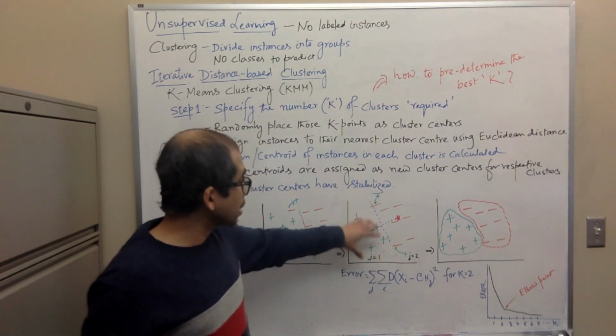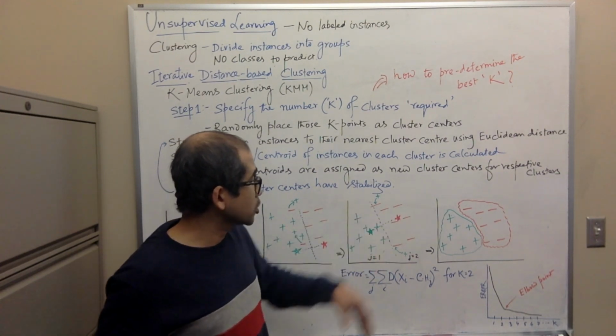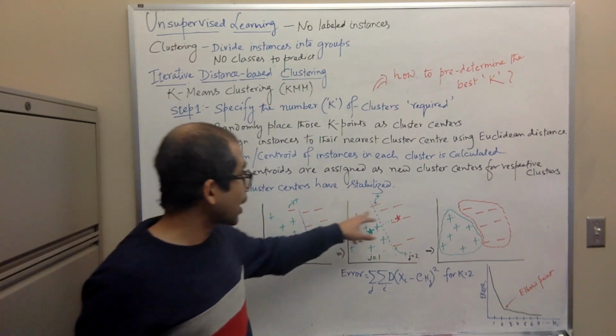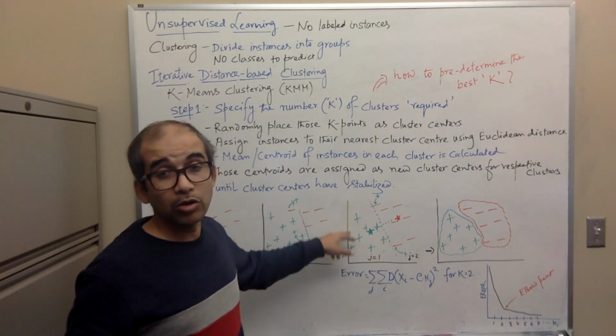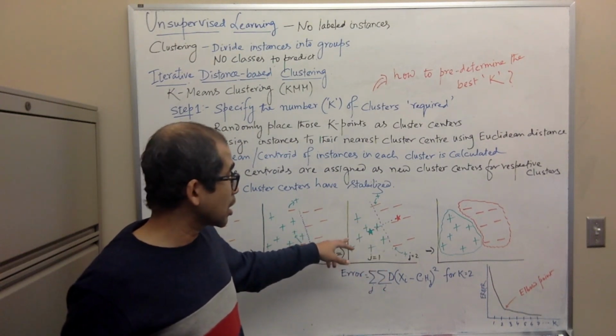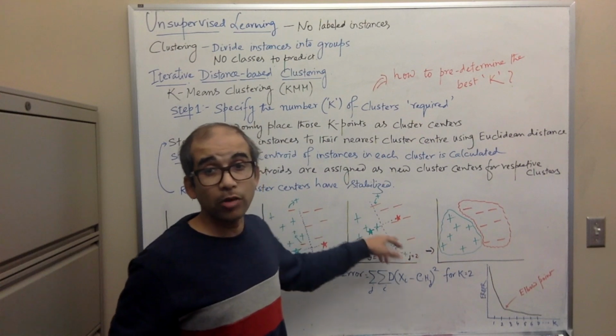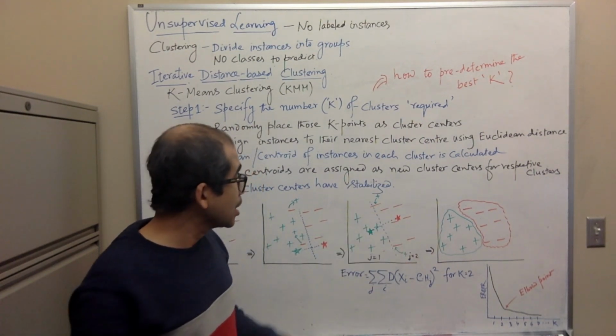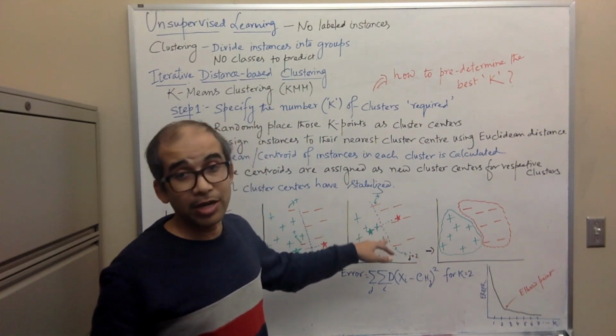Okay, so now you see there are two clusters, cluster 1 and cluster 2. Now again we calculate the means or the centroid of these positive samples and the centroid of these negative samples, and then place the cluster head there, at the centroid.